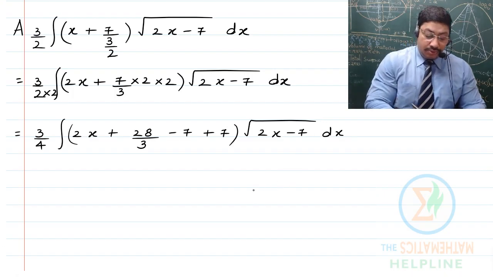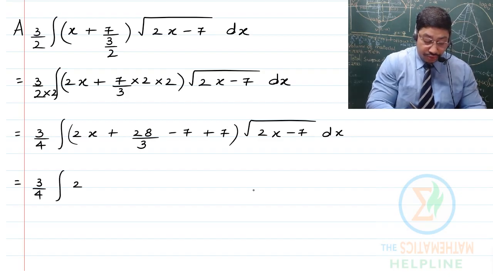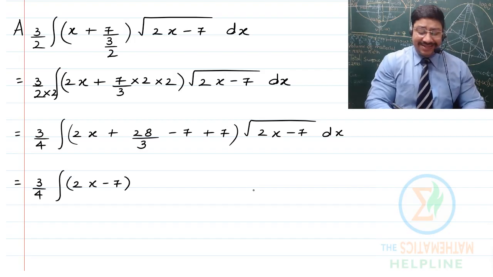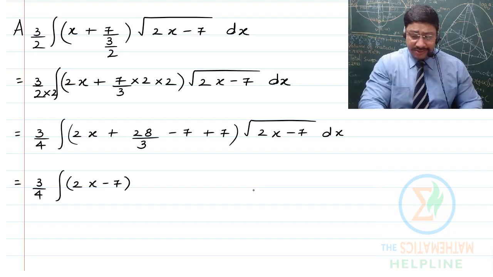So now what we do is we can further write this as 3 upon 4, which is multiplied with 2x minus 7. So this now is exactly the same as what we have within the surd, right? And except that we have two terms which are constants, so we are just to add these two terms, right?